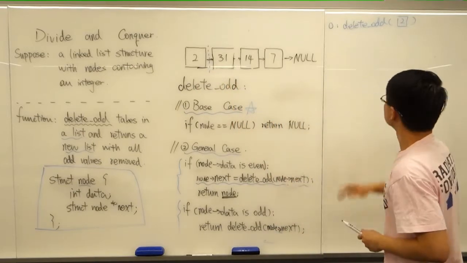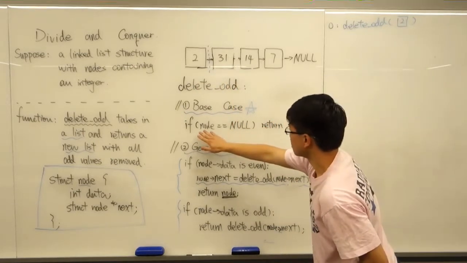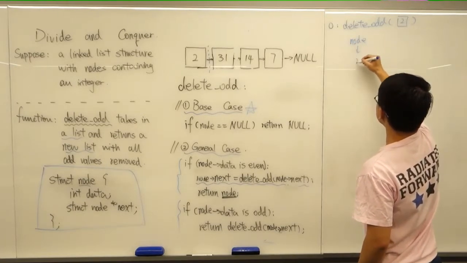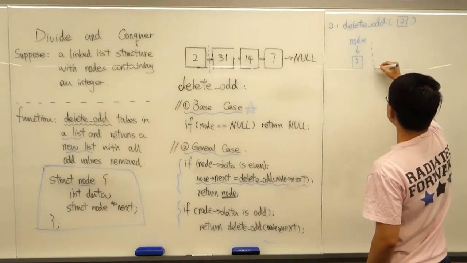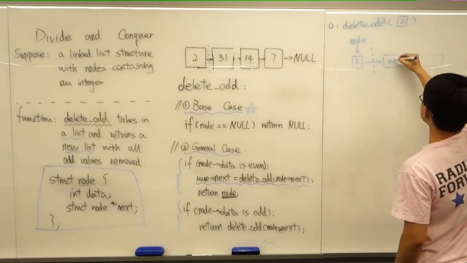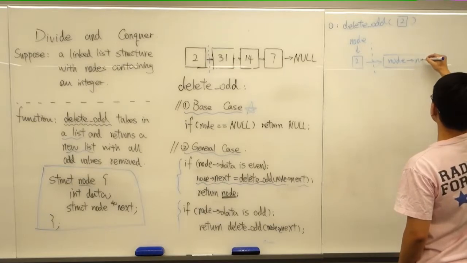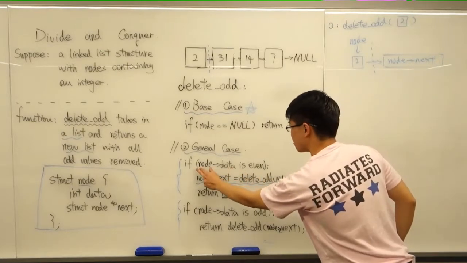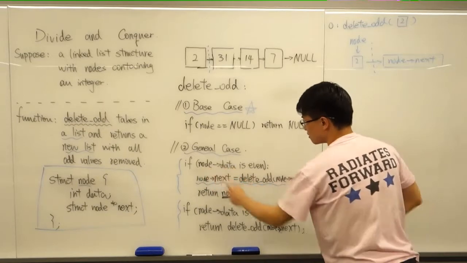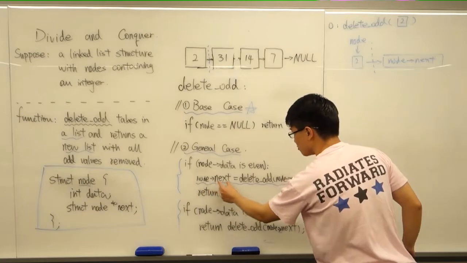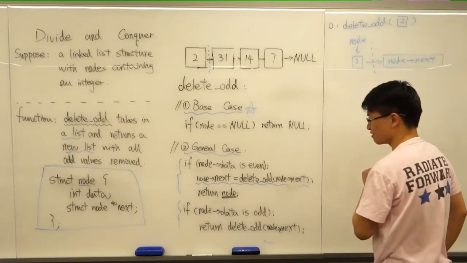At this point, node is pointing to 2, and whatever is after it, we are going to call node next. Because node is 2, its data is even, so it will step through the first block. It says node next equal to delete odd node next.